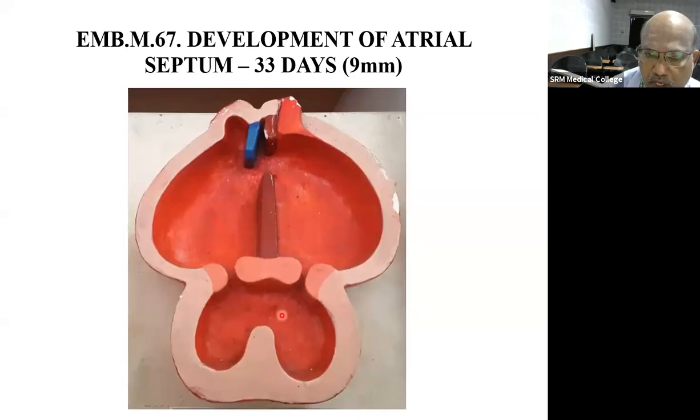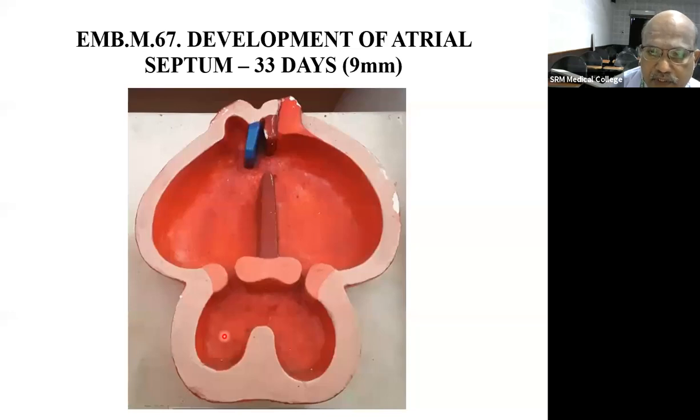This part is closed by the formation of the membranous part of the interventricular septum. How is that membranous part formed? It is formed by the upward ascending of the muscular part of the interventricular septum, and at the same time, proliferation of the septum intermedium.